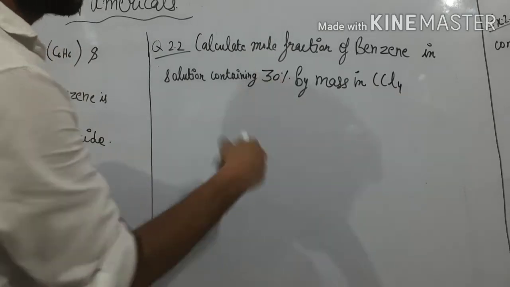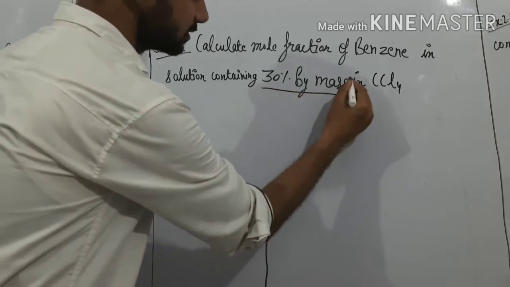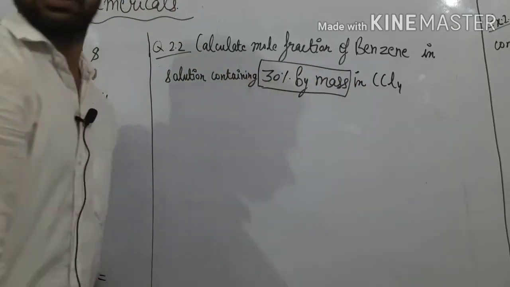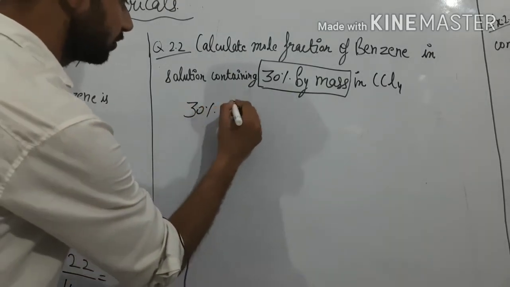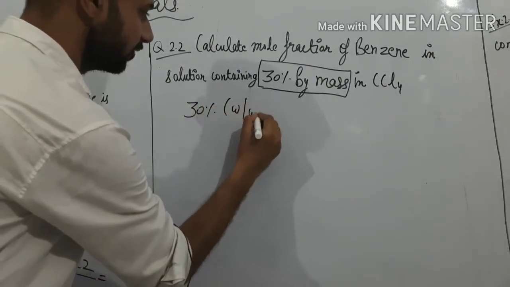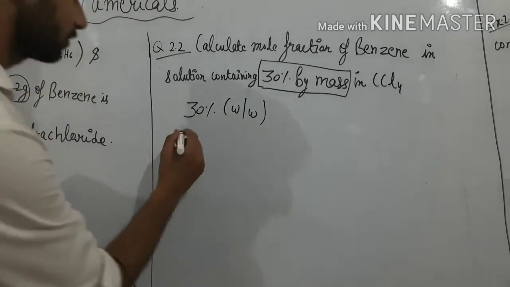Okay, so first we have to understand what this statement means. 30% by mass means weight by weight. What does this value interpret?